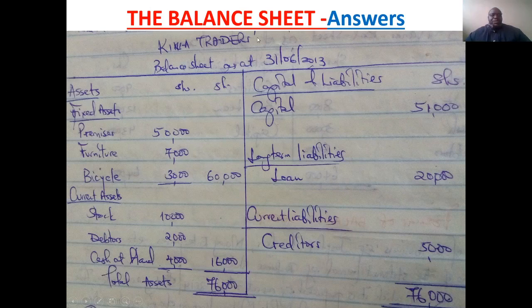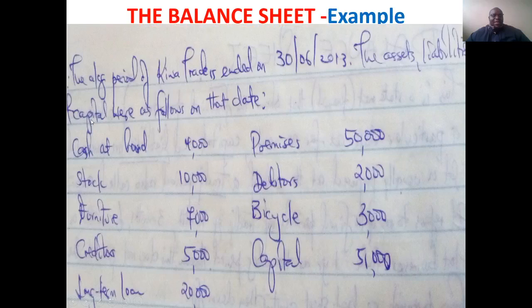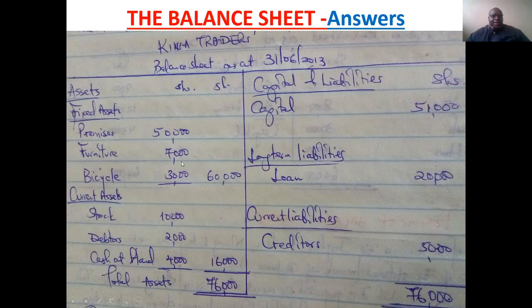So we have Kiwa Traders title, balance sheet as at 30th June 2013. Assets. We start with fixed assets here. And the fixed assets given here are premises, a bicycle, and furniture. Premises, furniture, bicycle, and the total fixed assets.